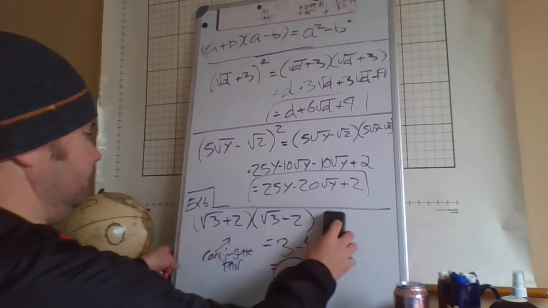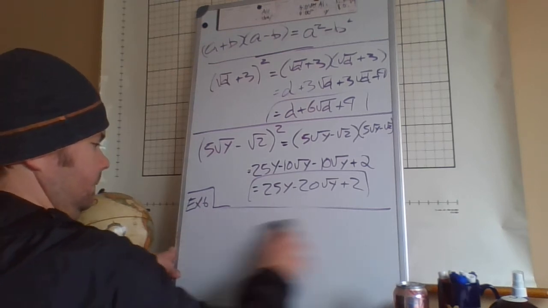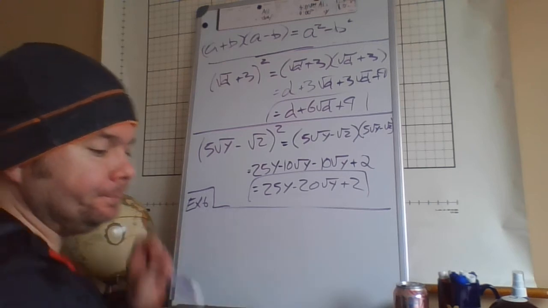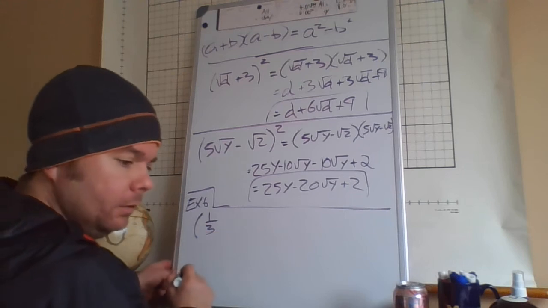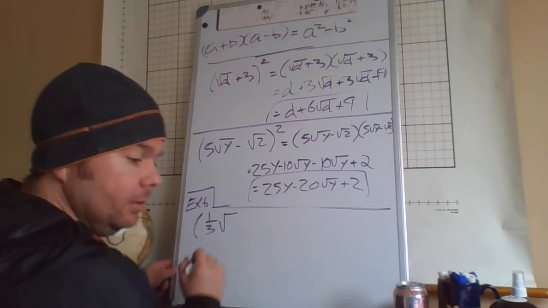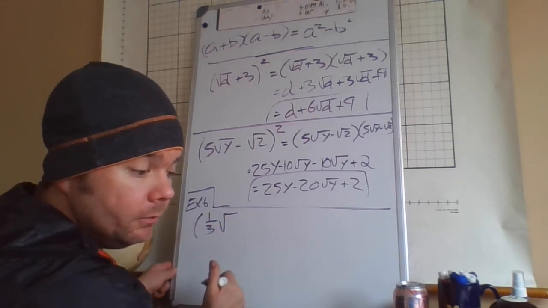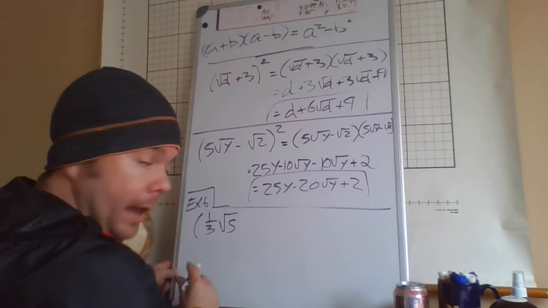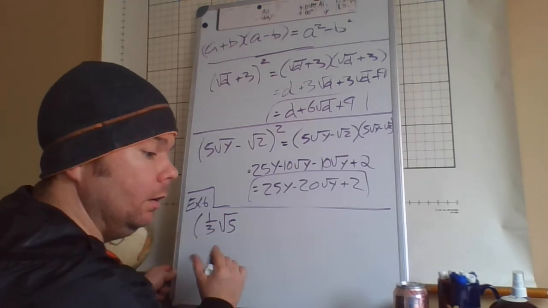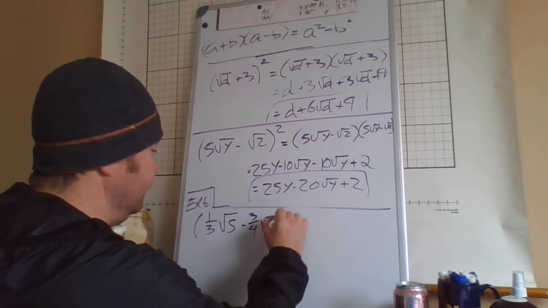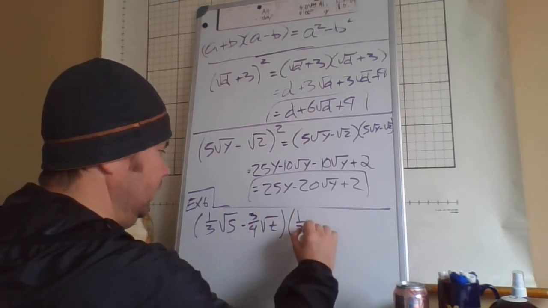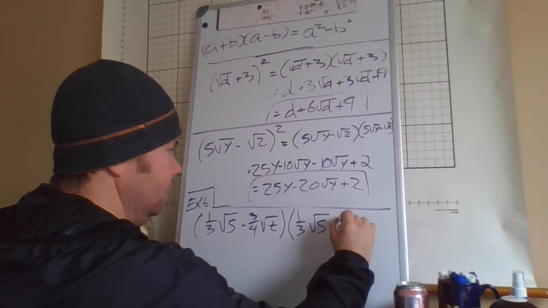There's one more of these. So it's like this. And you might be thinking to yourself, this one looks kind of difficult, with fractions. But it really can be much simpler if you recognize the pattern.